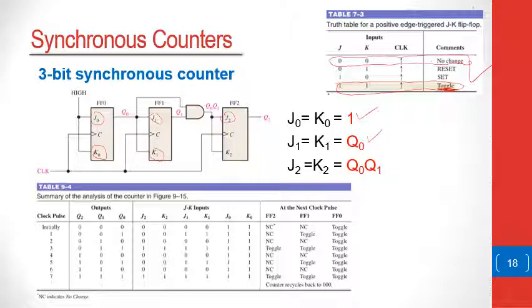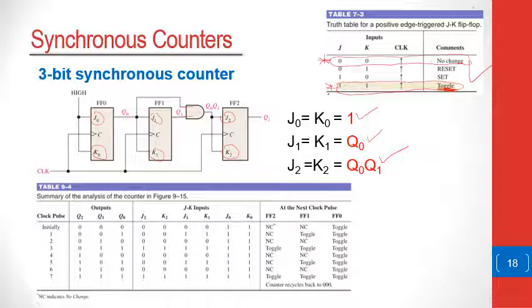J2 and K2 are from the AND of Q1 and Q0. That's that. So because we have such a circuit where J and K are always the same, in our transition table we are concerned more about this transition and that transition.